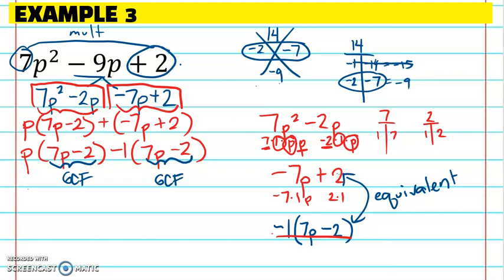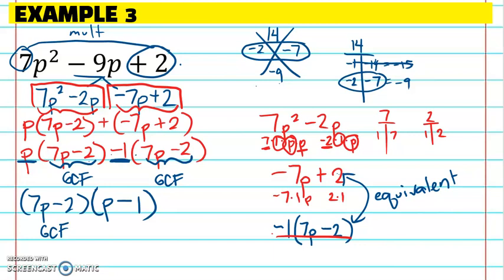Because once I'm here, look, I have 7p minus 2 being multiplied times each of my terms. So that's my greatest common factor. And we can pull greatest common factors to the front, 7p minus 2. And then to create the equivalent expression, I still have to see, well, what do I multiply that by, right? So 7p minus 2, I have to multiply by p. And 7p minus 2, I still have to multiply by negative 1. There is my factoring.